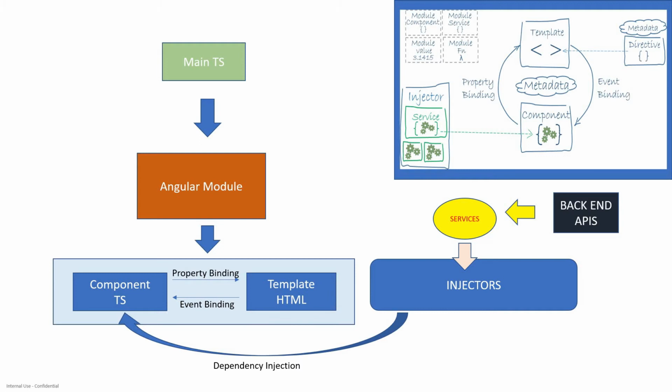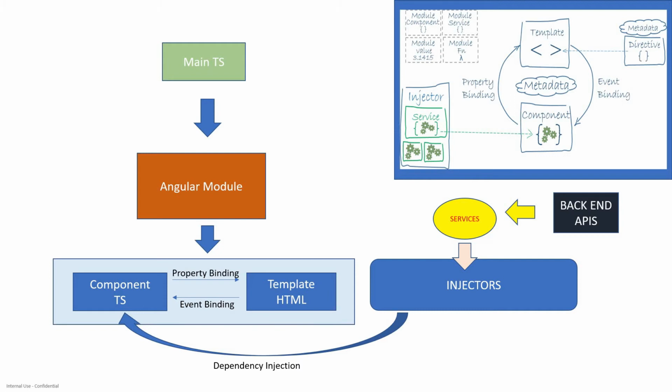This component.ts file will call the services and get the data from external APIs through the injectors. Then this component.ts file will manipulate that data and send it to the HTML. Then the HTML gives the view to the users.